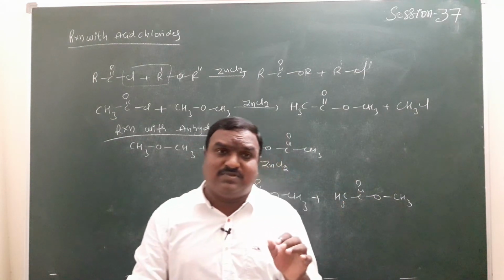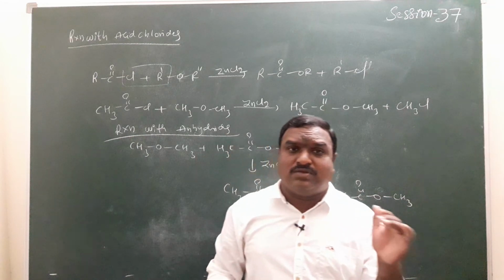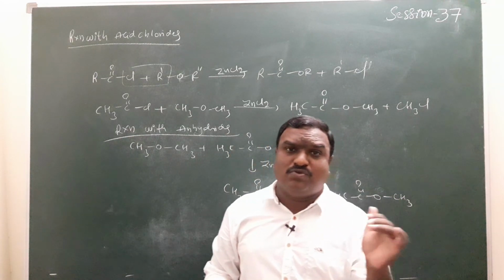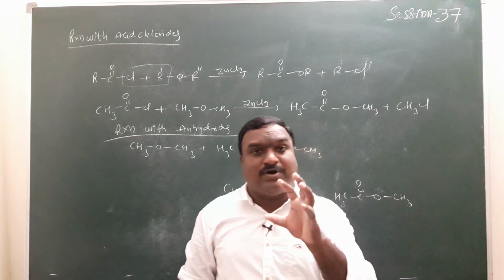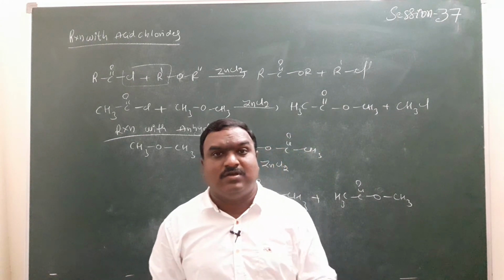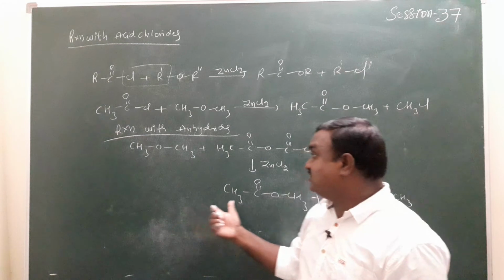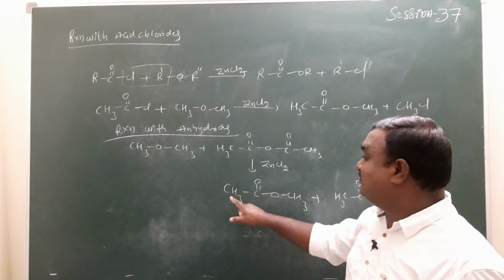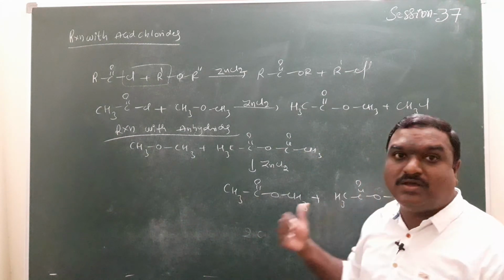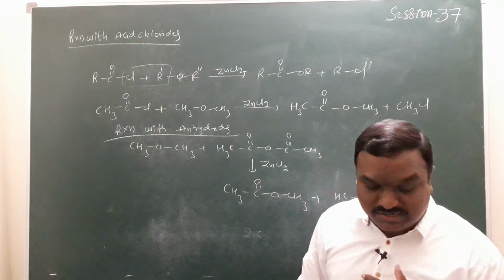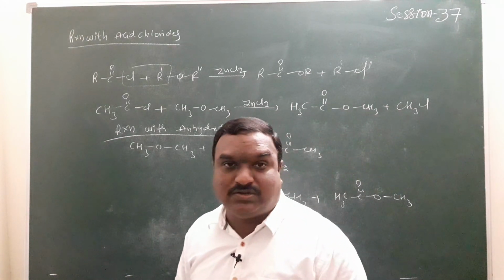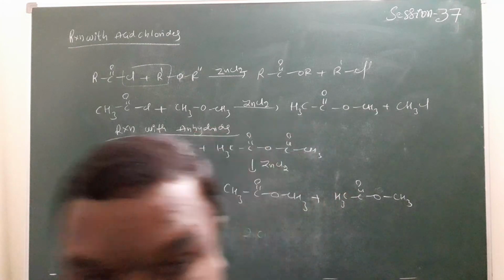Acid chloride is given: 1 mole converts into halide, 1 mole converts into ester. Anhydride is given: it forms 2 moles of ester. But whatever compound is given, it doesn't matter. Based on the connectivity of carbons, we can write the product in these reactions also.